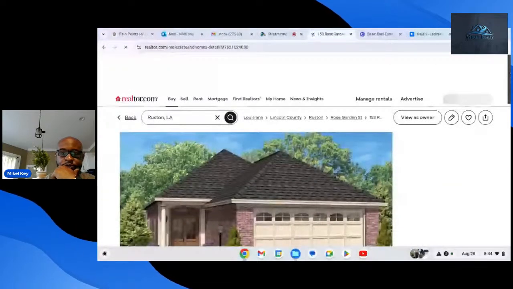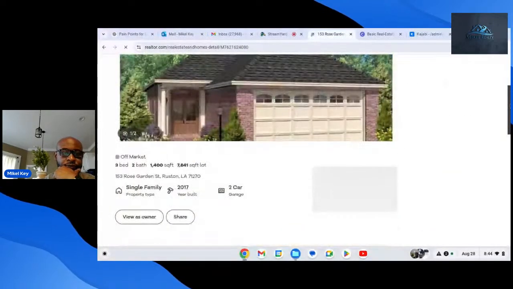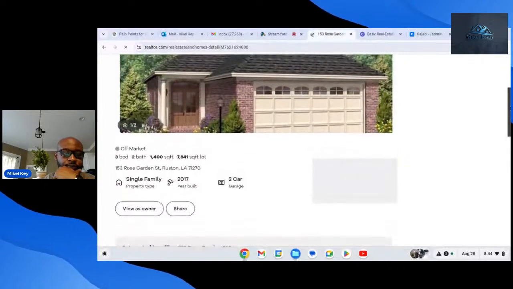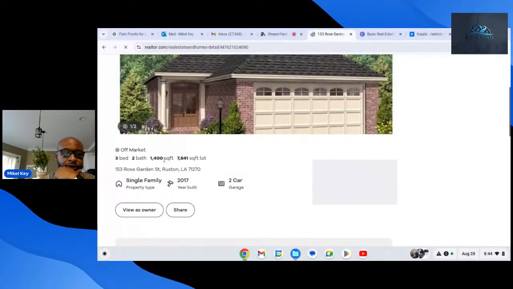Here's 153 Rose Garden Street, an off-market property, 3-bedroom, 2-bath, 1,400 square foot.